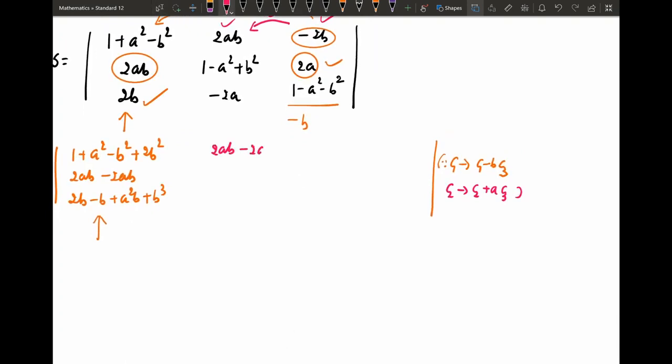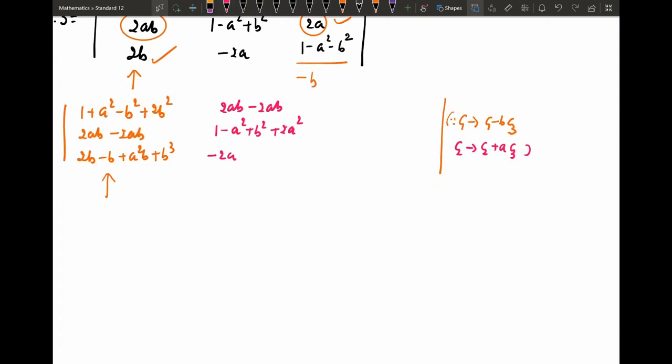So new entry it will be 2ab minus 2ab, 1 minus a square plus b square plus 2a square, and here it will be minus 2a. When we multiplied this by a, so plus a, minus a cube, minus ab square. We have performed this c2 to c2 plus a times c3, and this process is not unique.